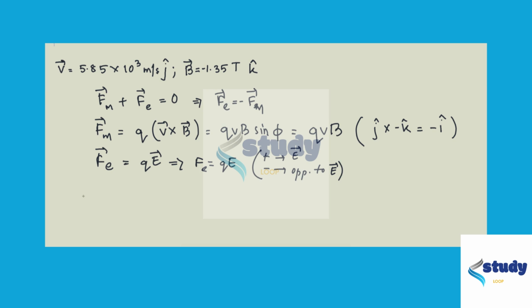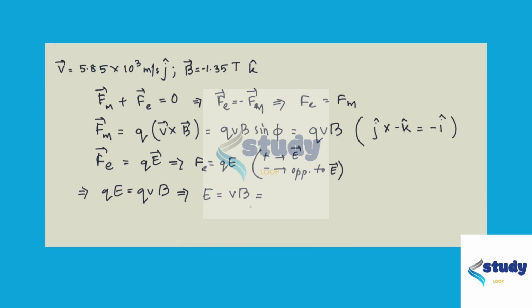Now let's go ahead and find the magnitude of the electric field. So we plug these two values in this equation, and we have already taken the negative sign into account. So basically we want the magnitudes of these two to be equal. So QE is equal to Q times V times B, and this gives the electric field to be V times B, and we calculate that using the values we are given.